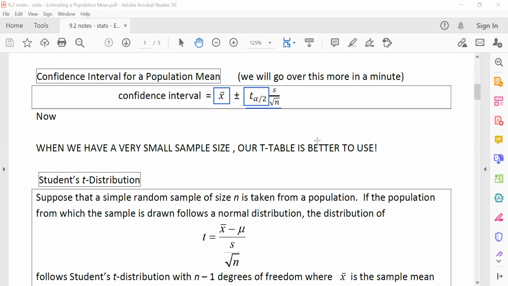But a t-score is associated with a completely new distribution called the t-distribution. We have to use it when we have a very small sample size.